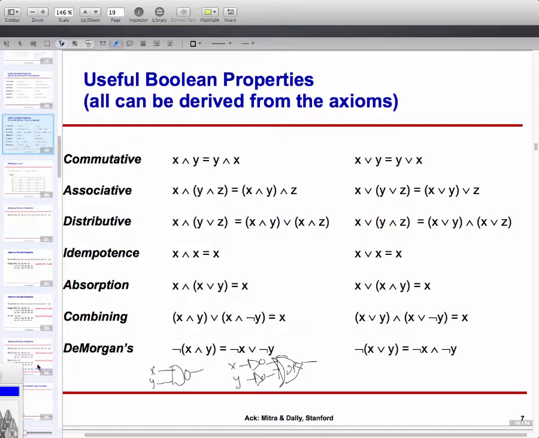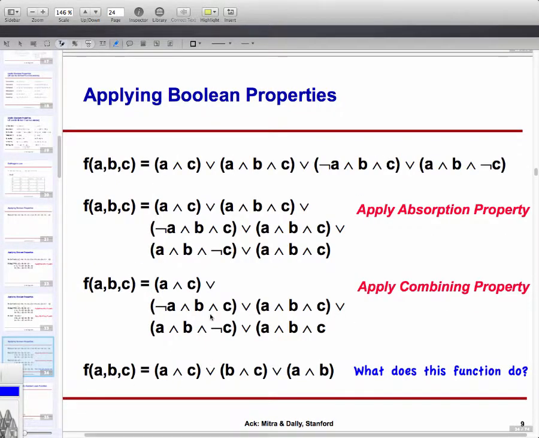So if I apply the combining property out here, if you look at these terms, B and C is common in the second row, and we have not A here and we have A out here. So they cancel away and we are left with B and C. So we apply combining property to row 2.